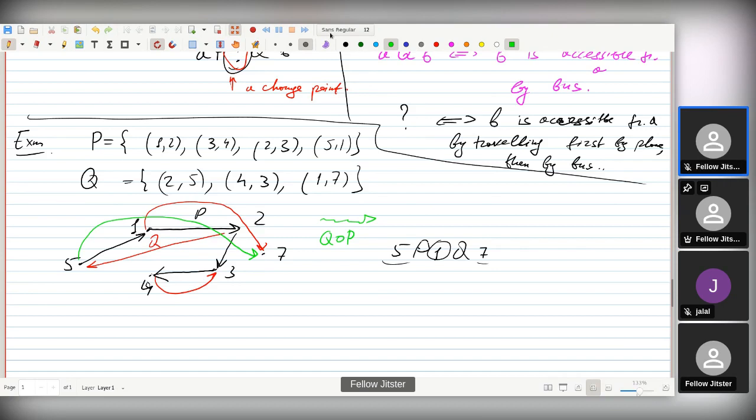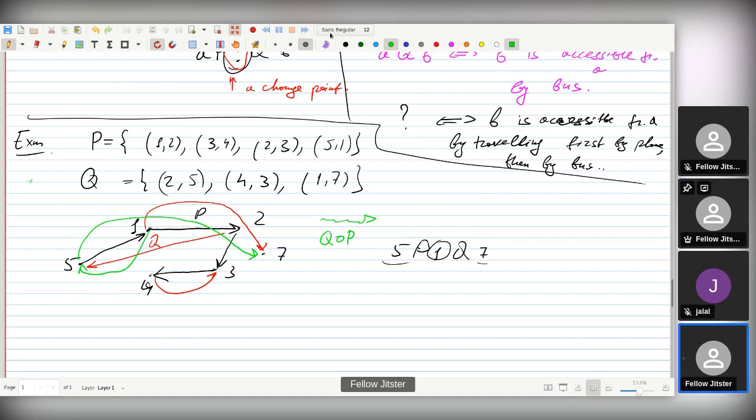Exactly. From 2, nowhere. Of course, there is a black arrow leading from 2 to 3, but from 3 there is no red arrow. And what about 3?